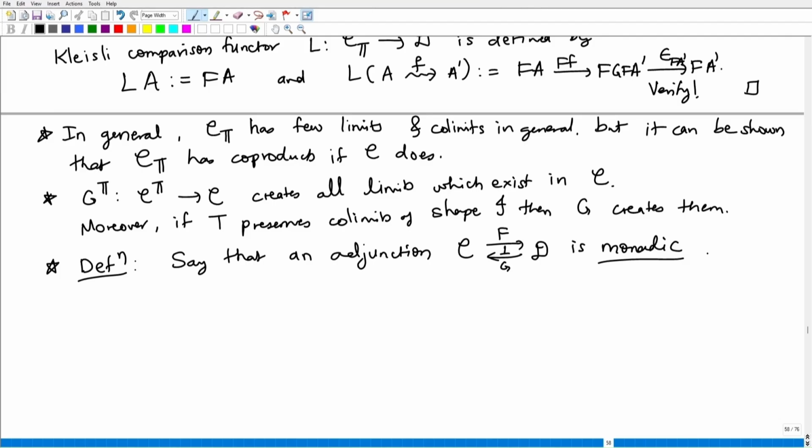If up to equivalence D is the category of C_T, where T is the monad induced by this, so it is the category of algebras. So it is monadic if the EM comparison functor K from D to C_T is part of an equivalence of categories.